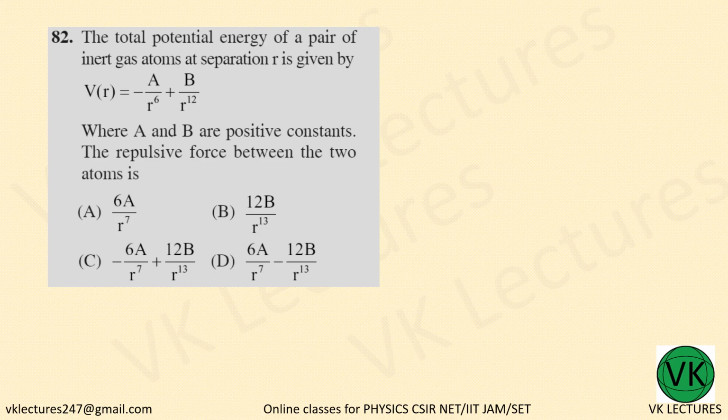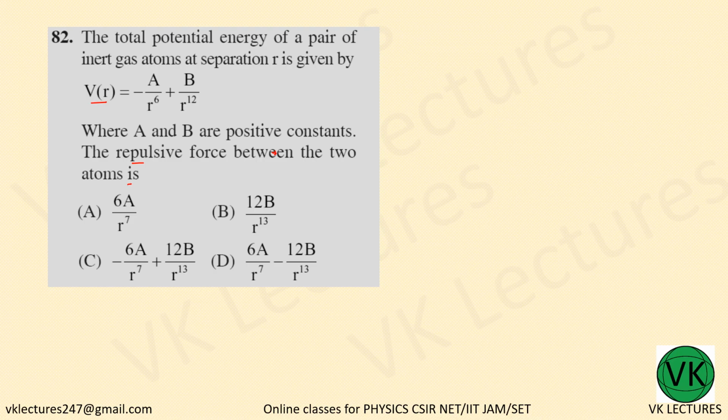The total potential energy of the pair of inert gas atoms at separation R is given by V of R is equal to minus A by R power 6 plus B by R power 12, where A and B are positive constants. The question asked is, what is the repulsive force between the two atoms?